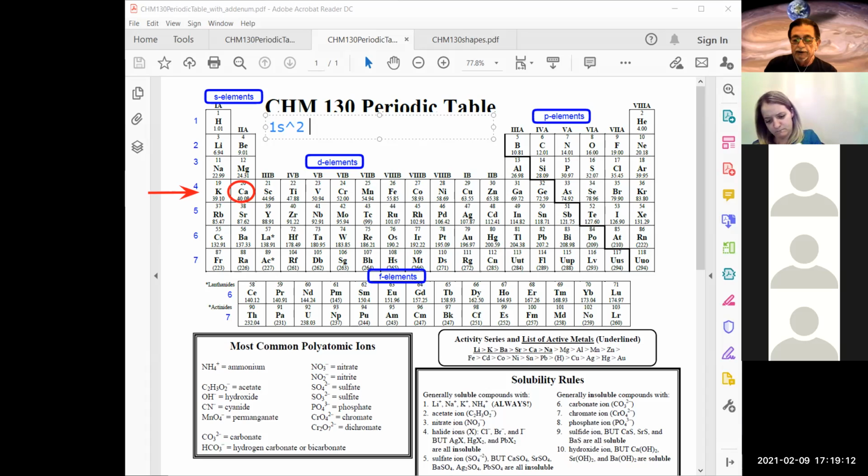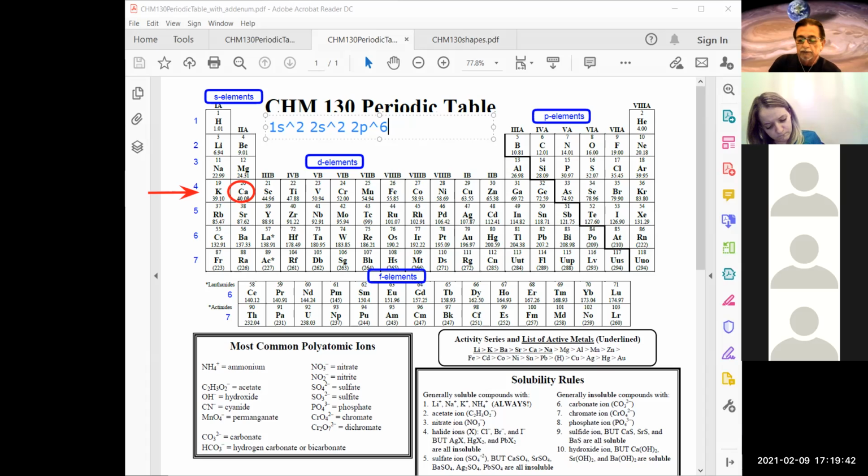That's the second period, and that's full, so it's 2s2. Then shooting across from boron all the way across to neon fills up 2p6. So you should have 10 electrons, 10 superscripts up there: 6 from the P, 2 from the S, and 2 from the 1s. So I'm at 10 electrons right now.